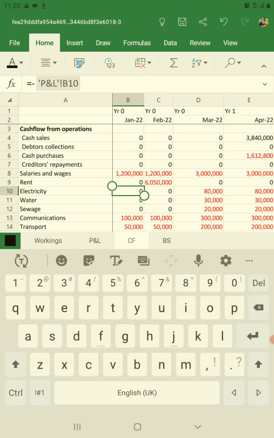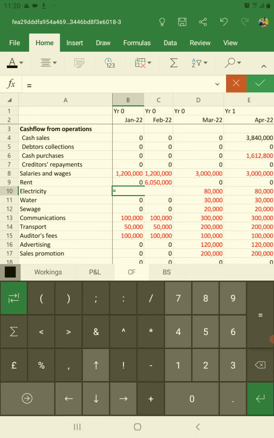So let me remove this, and then I start with negative number, and because payment of electricity there is already in negative, I'm not starting with a negative number here because it's already taken there as a negative.